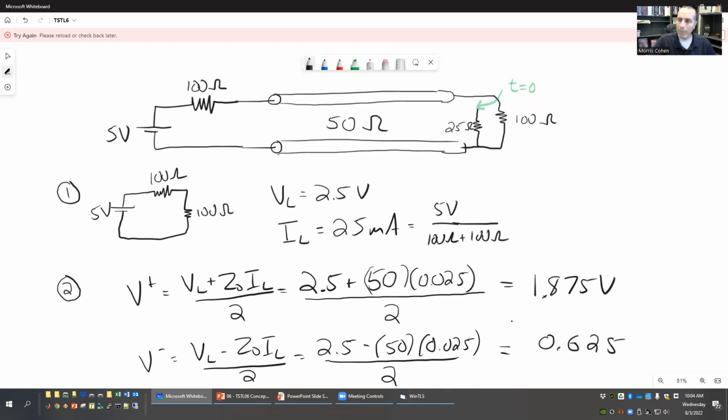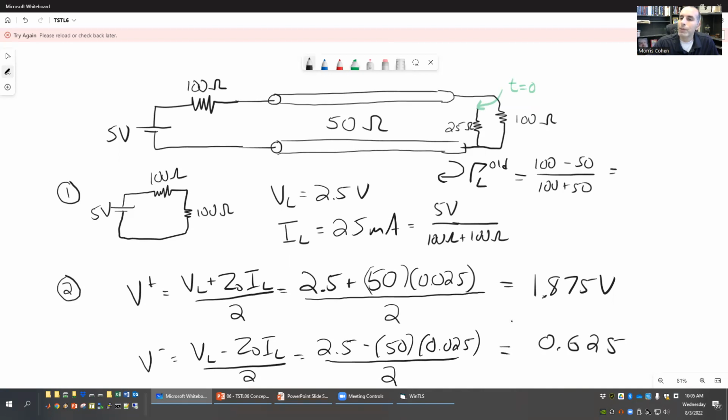All right, let's stop here and do a couple of sanity checks before we move on. First, let's figure out the reflection coefficient at the load beforehand. To do that, we take the 100 ohms of the load, subtract the transmission line impedance, and divide by the sum, 100 plus 50.